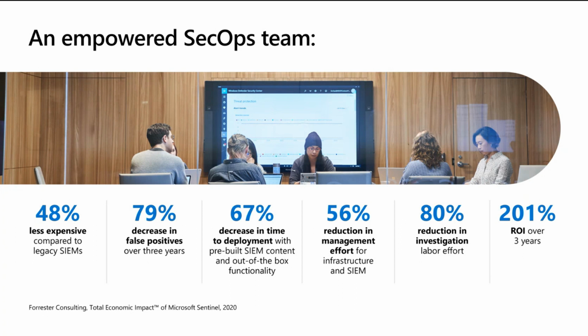67% decrease in time to deployment. I answered in the beginning of our conversation that this is a cloud appliance. You don't have to deploy this product anywhere, not on your server, anything. Just click and run. 56% reduction in management effort. You will not need so many engineers for hardware maintenance, software maintenance.